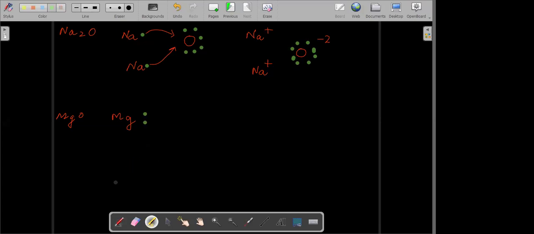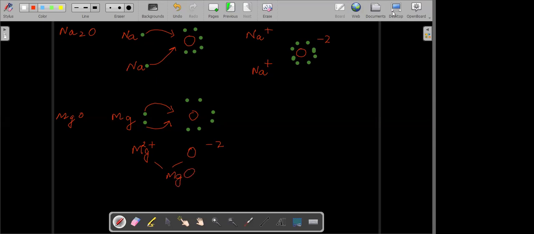Then we write oxygen, its electron dot structure as 1, 2, 3, 4, 5, 6. Now we show the donation of electrons. So these 2 electrons are donated to the same oxygen atom, giving rise to the formation of Mg2 plus ion, and you have oxygen minus 2 ion. Okay. So now the bond between them is formed, which is MgO. This gives the formation of MgO.